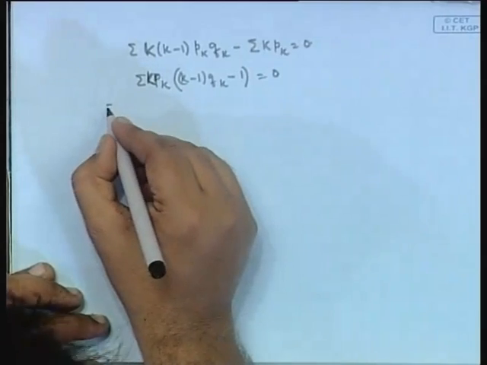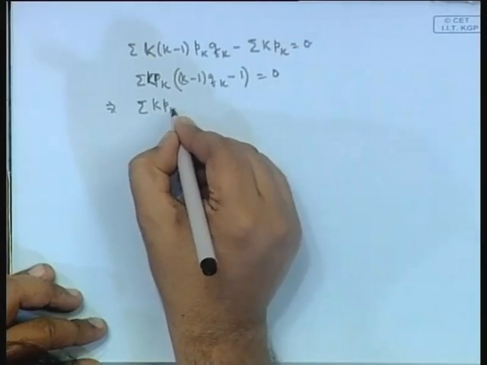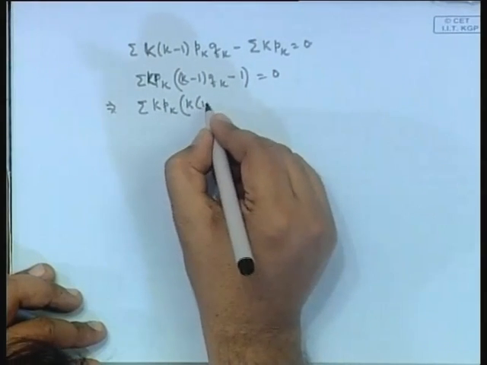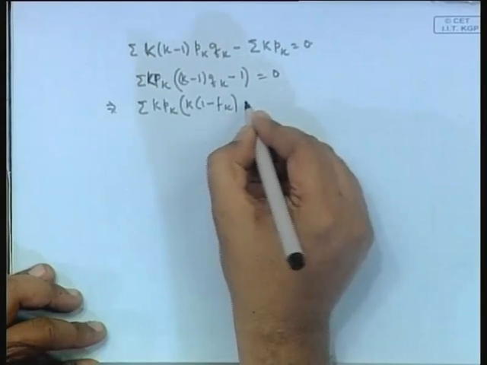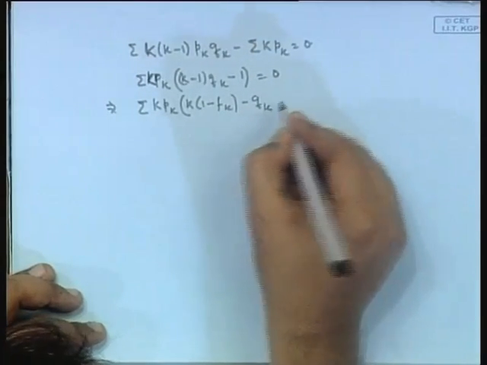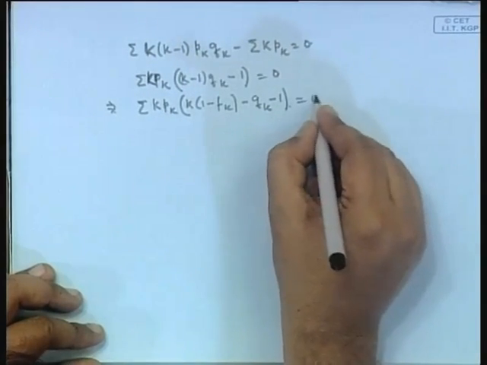You can write it in a better way if I want to write in terms of fk. So, summation of k pk, k times 1 minus fk minus 1 is equal to 0.